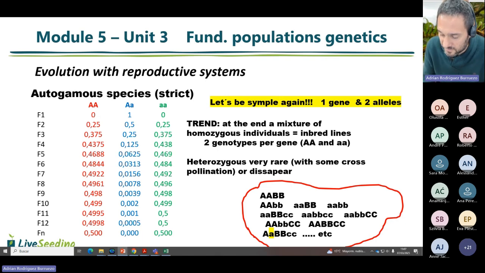because after this fast review about the main parameters to understand the genetic structure of populations, now we go to the second point: how the genetic structure of populations evolves merely with the reproductive system, if we only consider the reproductive system. And as I told you at the beginning in the index, I will show the two extreme cases, autogamous species or allogamous species.